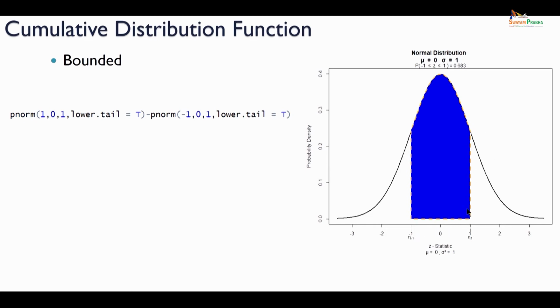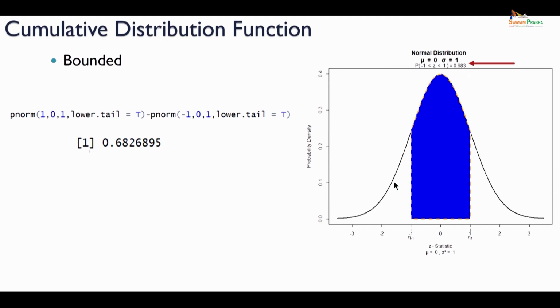So, what I first calculate is this region, and then I subtract this part alone. If you do that, you will get the difference, which is nothing but the bounded values between -1 and +1. You get a value of 0.6826 rounded off as 0.683 and displayed above the plot when you visualize it.